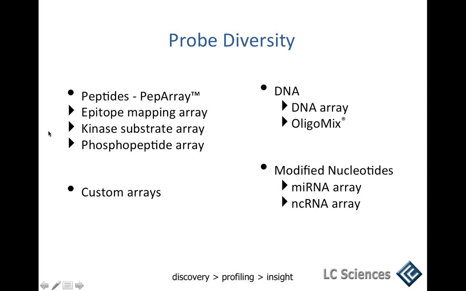Another application is kinase substrate arrays, where we synthesize all potential kinase substrates on the array and determine the substrate specificity of purified kinases. And then something that we've gone into recently are phosphopeptide arrays.